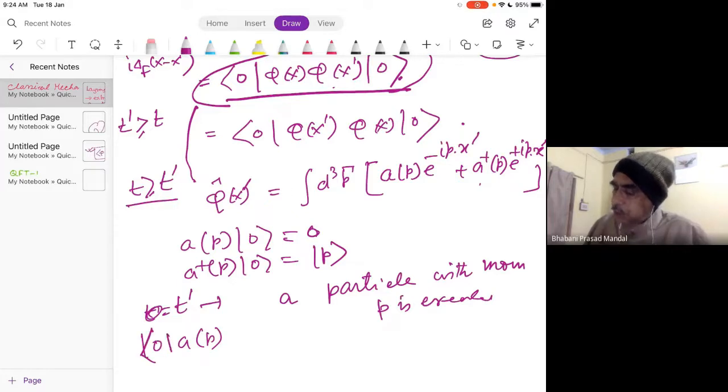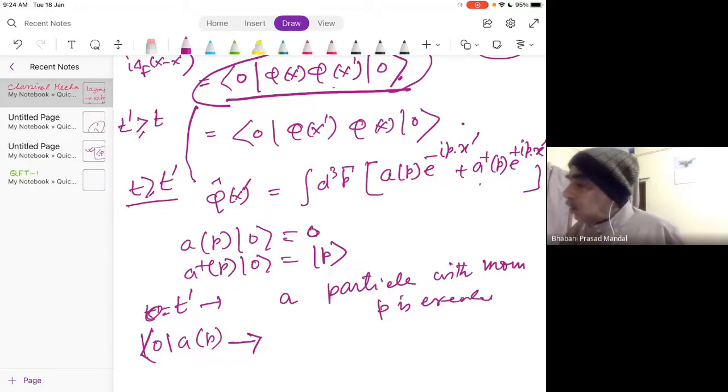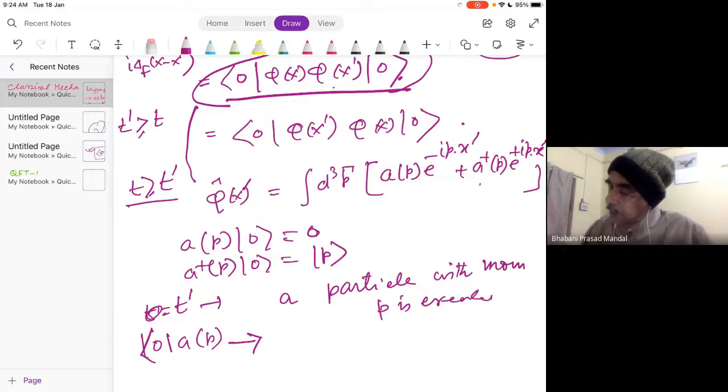This will contribute, and this is the meaning that a particle is destroyed, right? So a dagger p, acting on this, the meaning is the destruction of a particle.